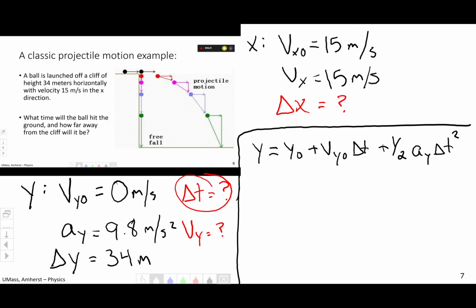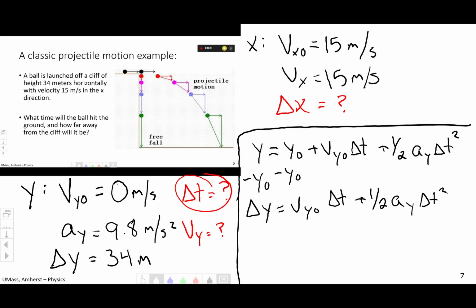And this is just one of the kinematic equations. We can subtract y0 over, giving us delta y equaling vy0 delta t plus 1/2 ay delta t squared.